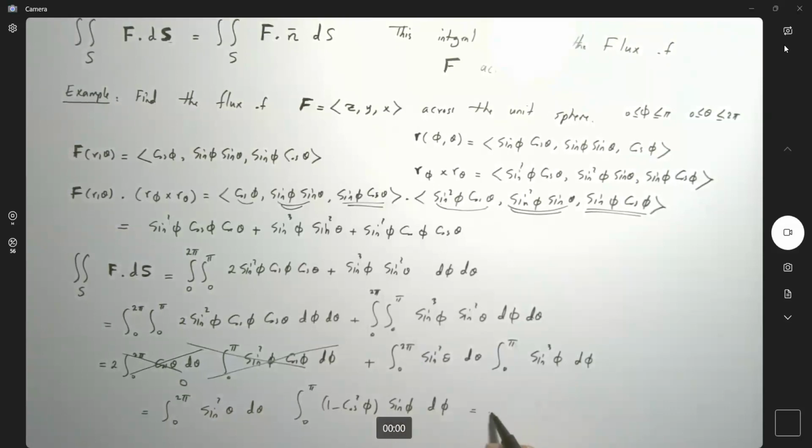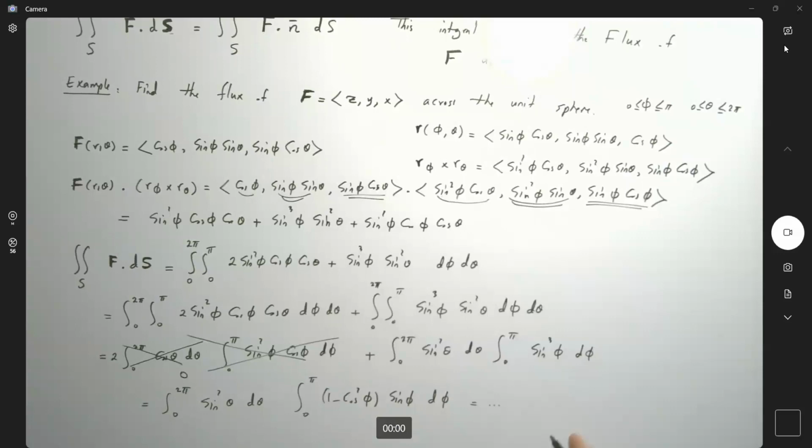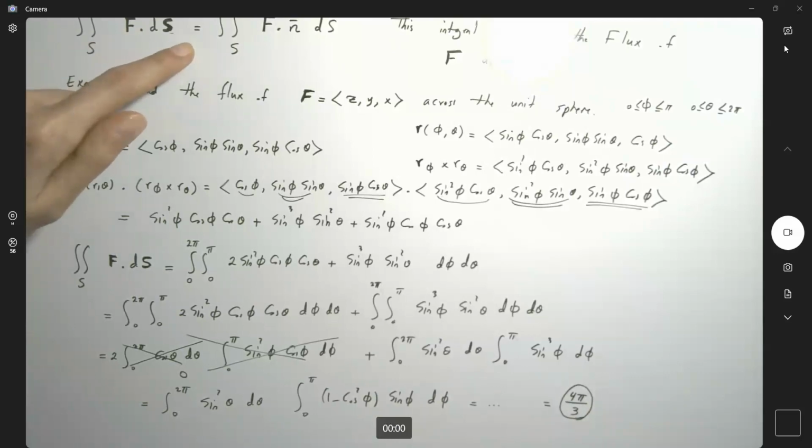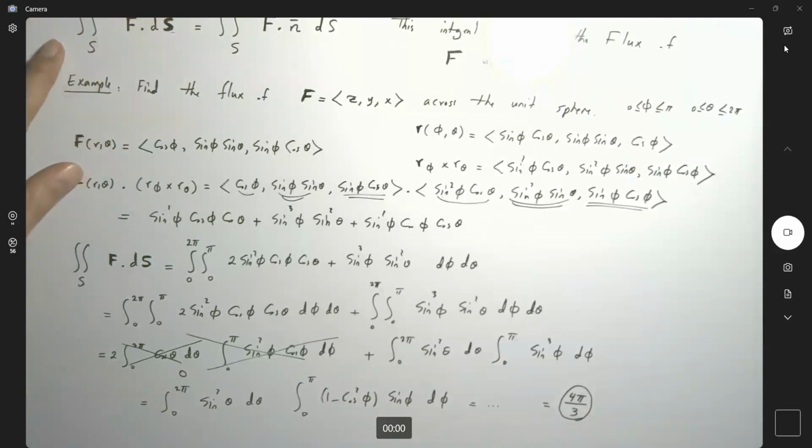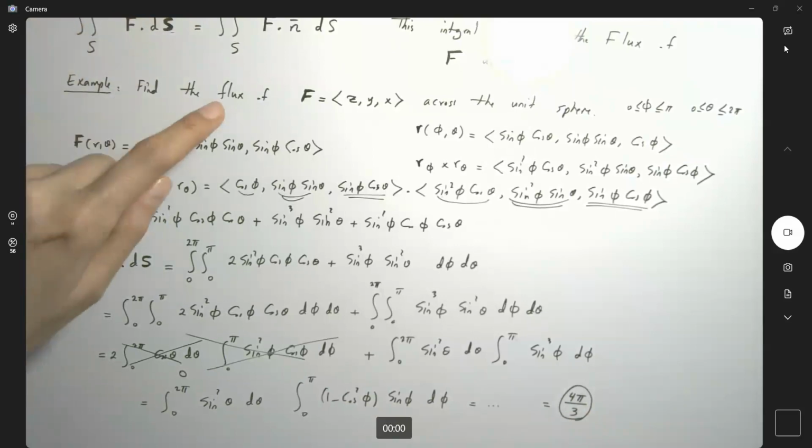As you saw before, you can do the computation and use the half angle formula, and the final answer should be 4 pi over 30. That is the use of the formula for an oriented surface to compute your flux.